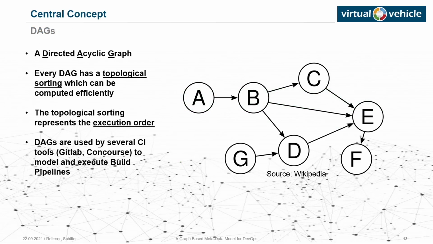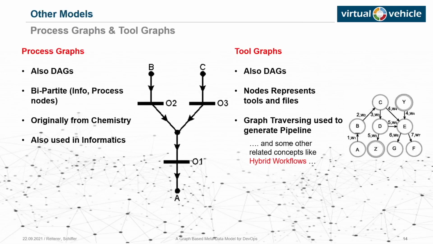For example, GitLab uses this concept because if you don't have a cycle in a directed graph, you can compute the topological order and then you get an execution order, and this can be done efficiently. And there are similar concepts explored already. For example, for original chemistry, there are process graphs, there are tool graphs, and from the cloud area, there are also hybrid workflows.